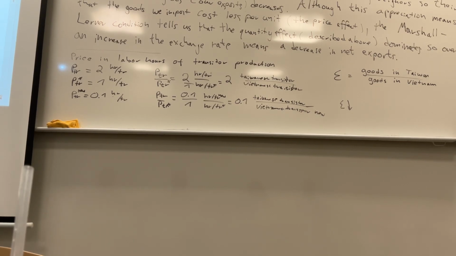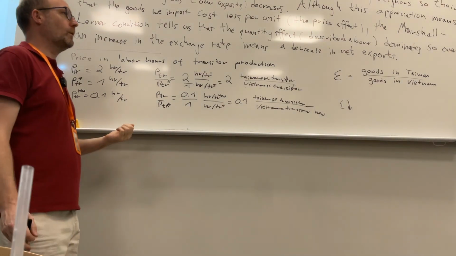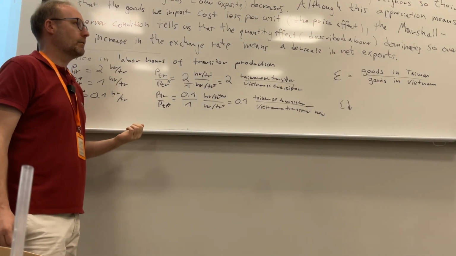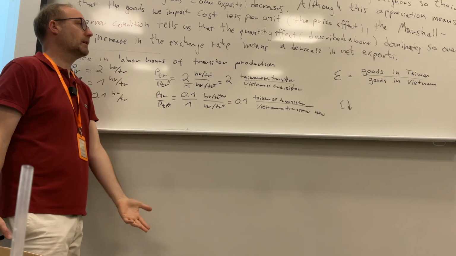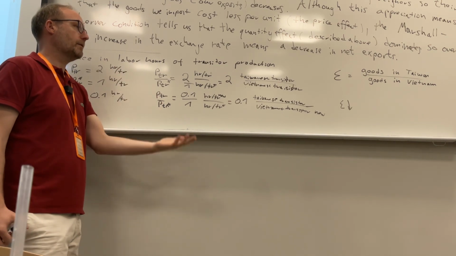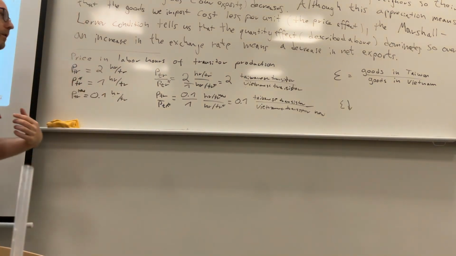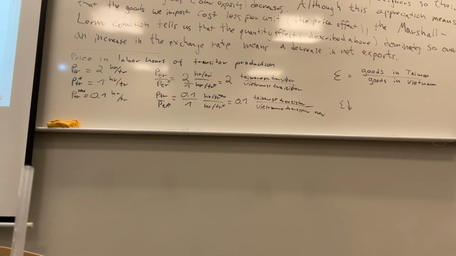Right, so that's what we say: when the real exchange rate goes down, this means we get real depreciation. In nominal terms, we get less foreign currency for our dong, or foreigners get more dong for their currency.